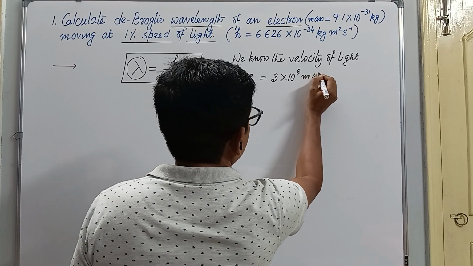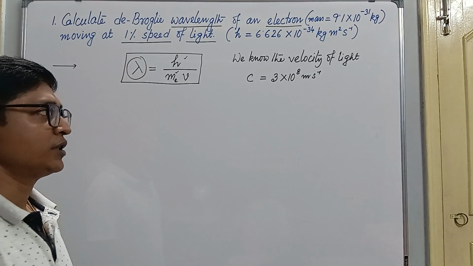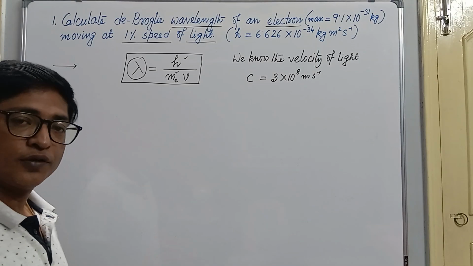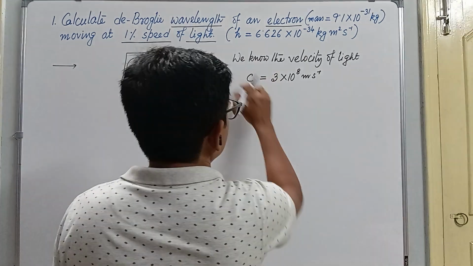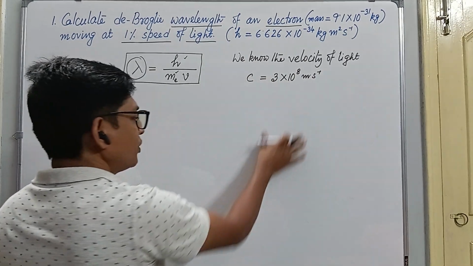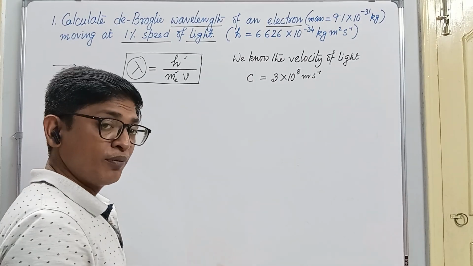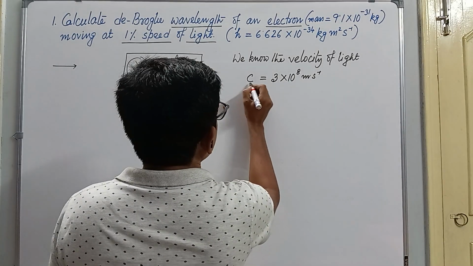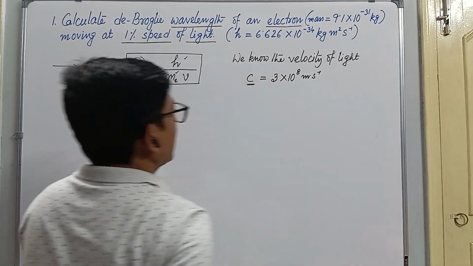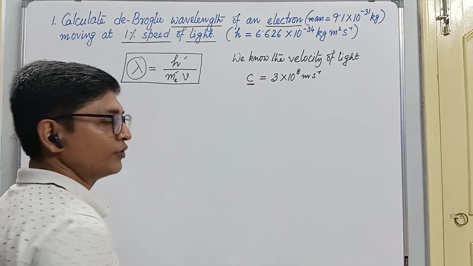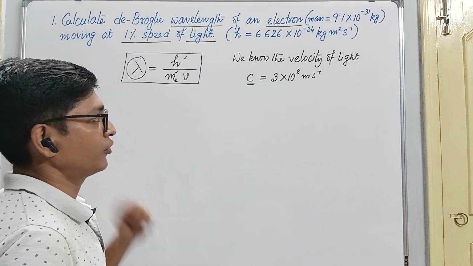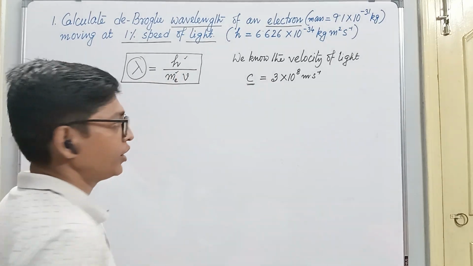I hope all of you are aware of these values because we have been solving problems for several videos, so I hope you can memorize or remember this value. Now we know the value of the speed of light, and I need to calculate 1% of this, which is the velocity of this electron, as mentioned in the numerical problem.